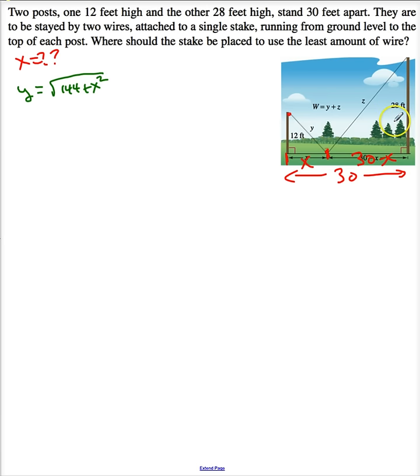The next equation I have involves the 28-foot post, and that is z is the square root of (30 minus x) squared plus 28 squared. Oh my goodness. Let me simplify z down a little bit, because that is a little ugly. If I multiply this out, it's the square root of x squared minus 60x plus 1,684.